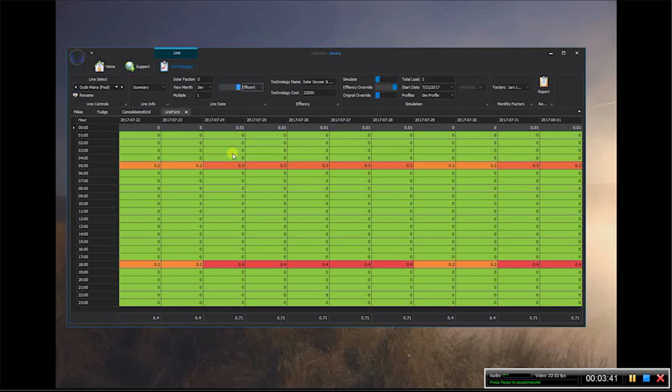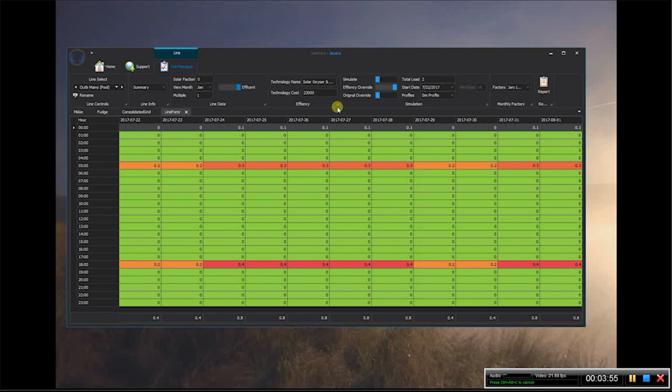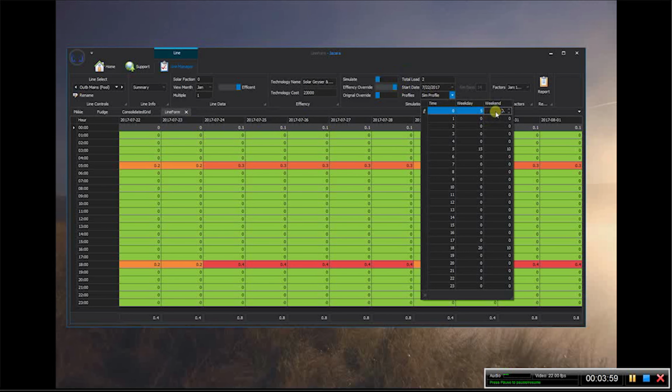Let's quickly have a look and see where we are. Yeah, it's 10 watts, so it's 5%. Let's add 5%, see where we are. The 5% is 100 watts. So let's do that for the freezer everywhere. Okay, so that becomes 20.